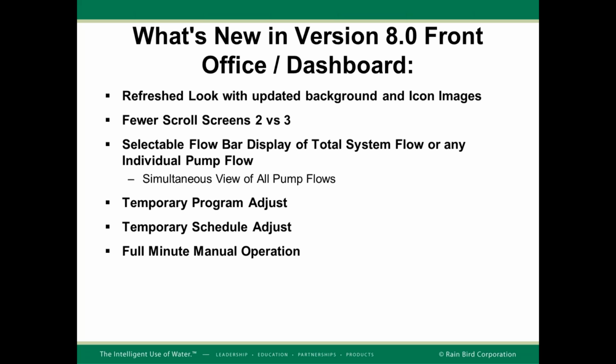So if you ran a 1-minute manual starting at 8:05 and 30 seconds, at 8:06, that manual irrigation would have turned off.